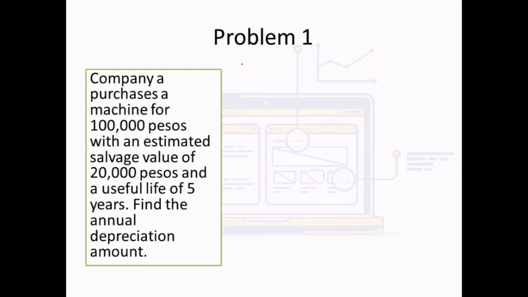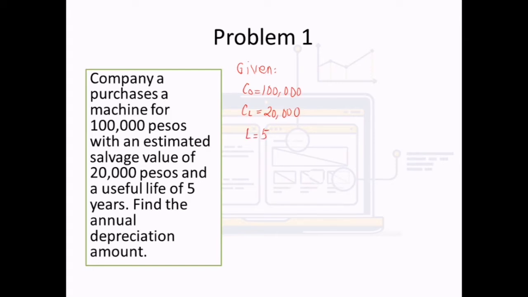So let's first write the given. We have the initial cost of the machine, which is C sub O, equal to 100,000 pesos. And then, it has an estimated salvage value of 20,000 pesos, so that will be our C sub L. The given useful life of 5 years, or L, is equal to 5.